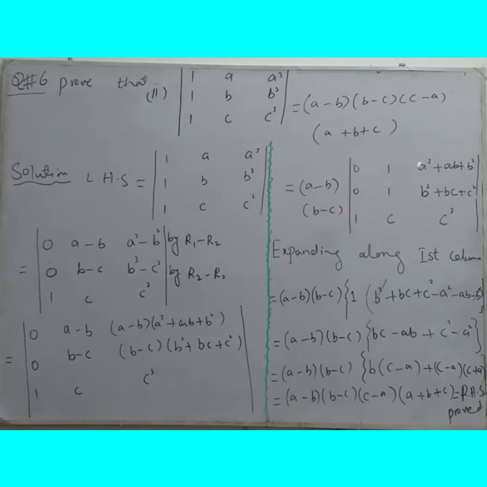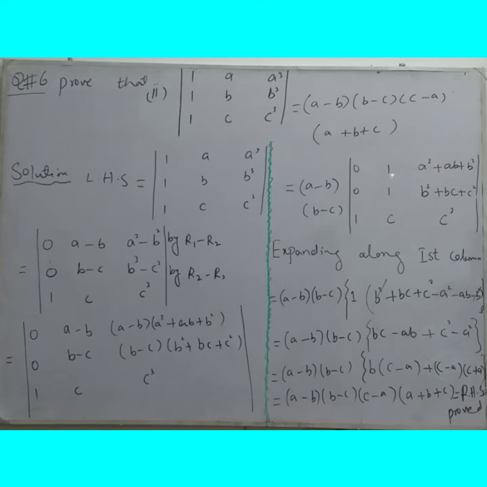Now we will expand this determinant along the first column. The common terms will be written as they are. When we expand along the first column, the first element is 0, so no need to write it because 0 into its cofactor becomes 0. The next is also 0, so no need to write it. For the last, the third term, we will ignore its column and row and write down the determinant of the remaining 4 terms.